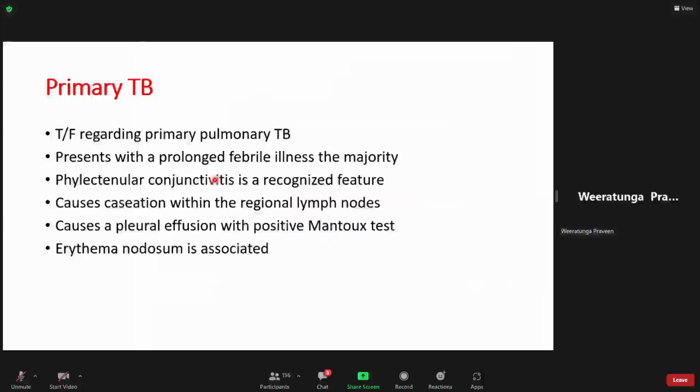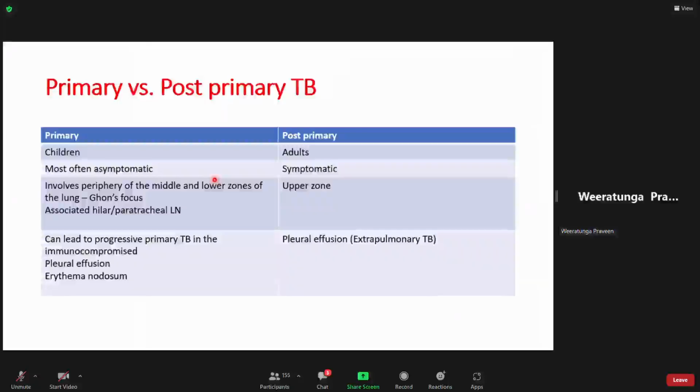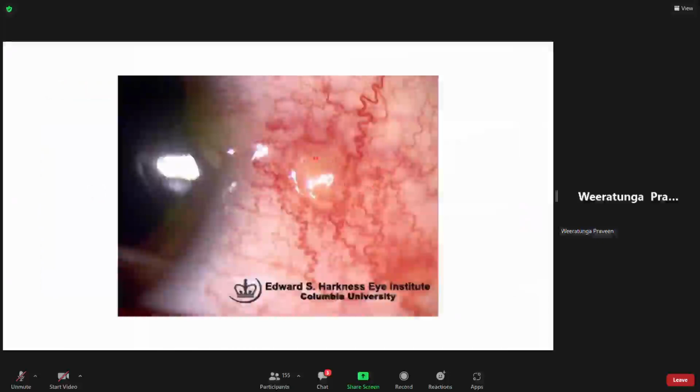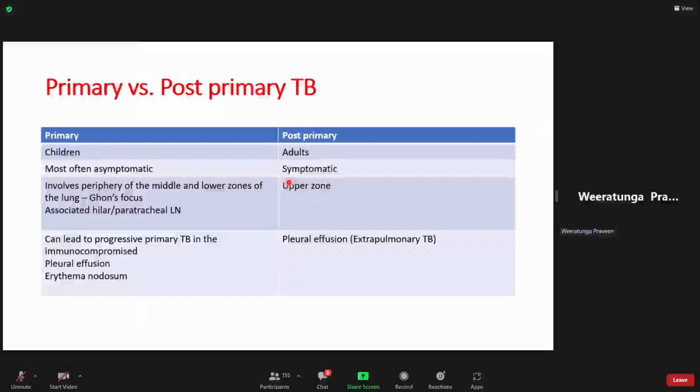Sometimes you see three things to remember. A small pleural effusion, right? So sometimes you get a small pleural effusion. And also this unusual nodular conjunctivitis called phlyctenular conjunctivitis.